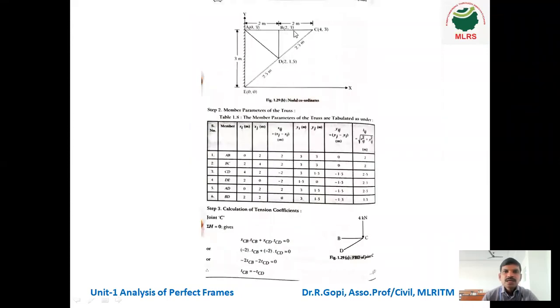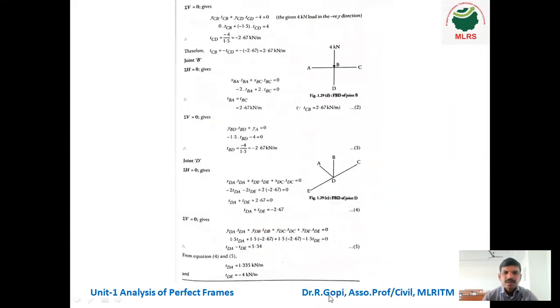Here you can see the y coordinate for B is 3 and for D it is 1.5. So 3 minus 1.5, since we got a plus value but the quadrant is minus, so minus 1.5. So minus 1.5 TBD minus 4 equal to 0. Therefore TBD is equal to minus 2.67 kilonewton per meter.